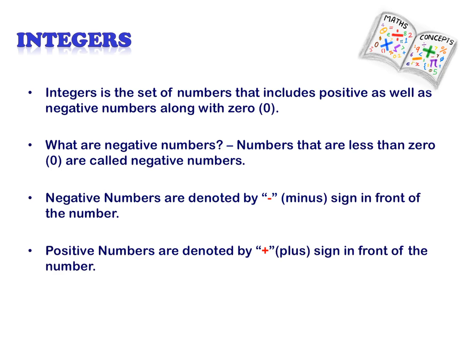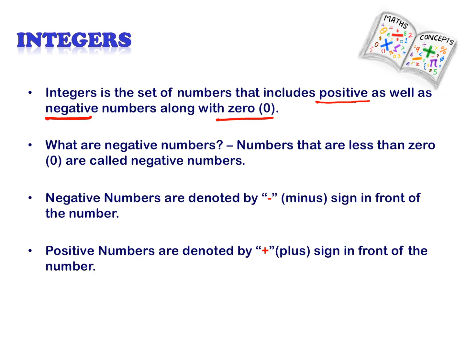Okay then, we have revised natural numbers and whole numbers. So let's move on to our main topic, that is integers. What are integers? Integers is a set of numbers that includes positive as well as negative numbers along with 0. So integers include positive numbers, negative numbers and 0 as well. We know that positive numbers are the numbers that are greater than 0.